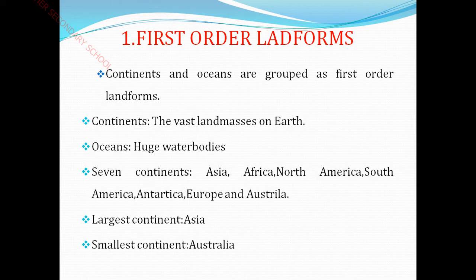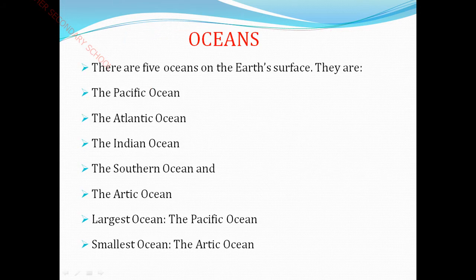The first order of the landforms is over, and next see our oceans. The oceans are of 5 types on the earth's surface: the Pacific Ocean, Atlantic Ocean, Indian Ocean, Southern Ocean and Arctic Ocean. Which is the largest ocean? The Pacific Ocean is the largest ocean.